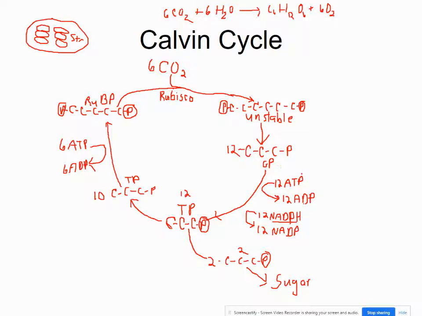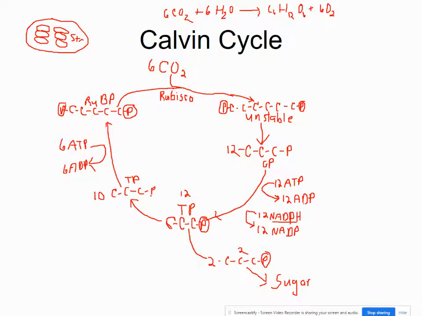GP is then acted upon by ATP and NADPH to form triose phosphates. 2 triose phosphates go off to make sugar to be used for any carbohydrate, fat, or protein. And then the 10 remaining triose phosphates are used to regenerate ribulose biphosphate using 6 more ATP. That is the Calvin cycle.